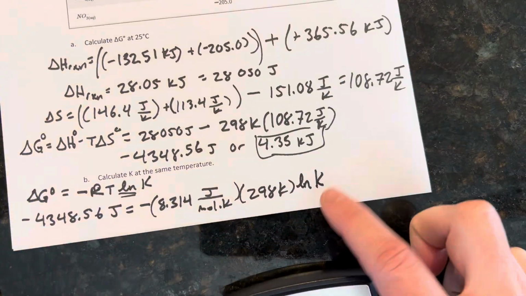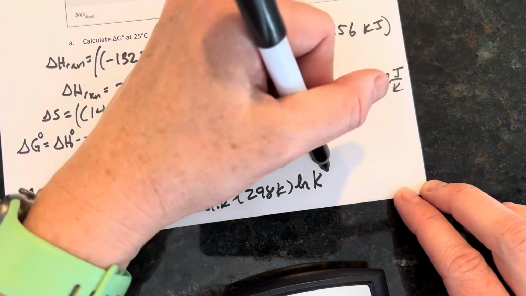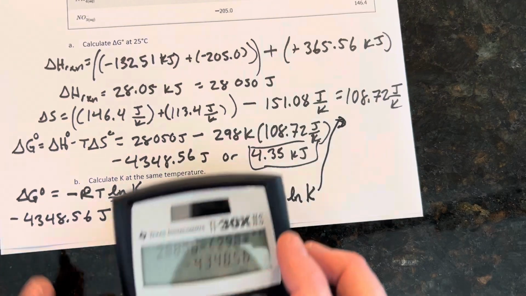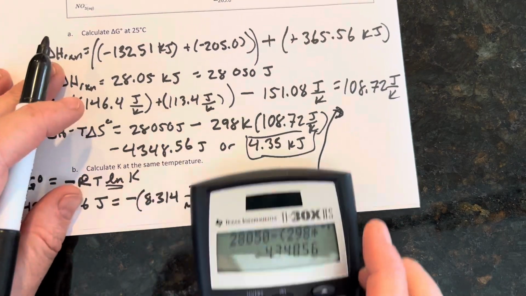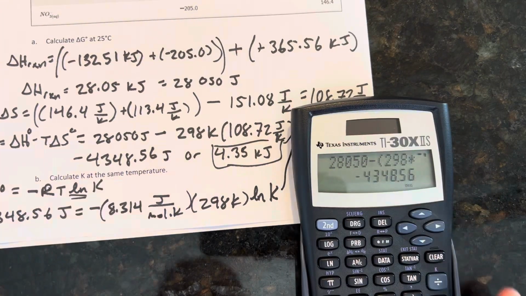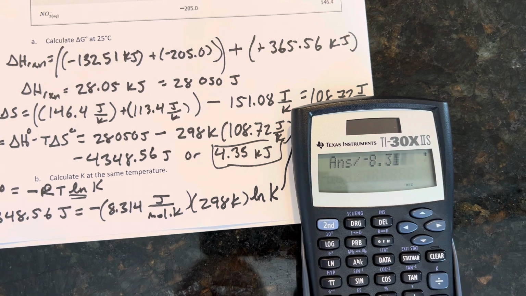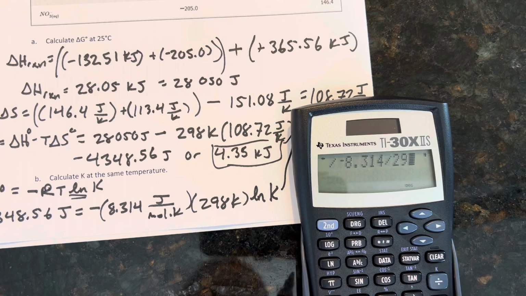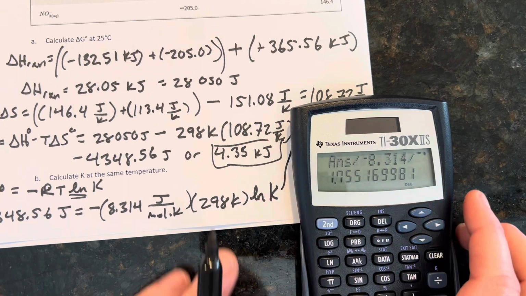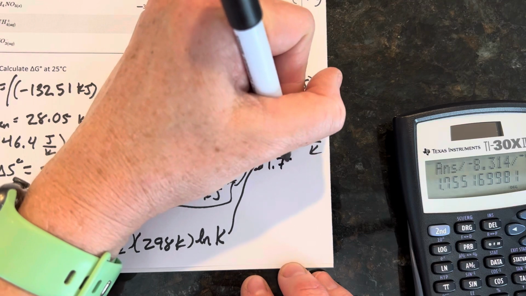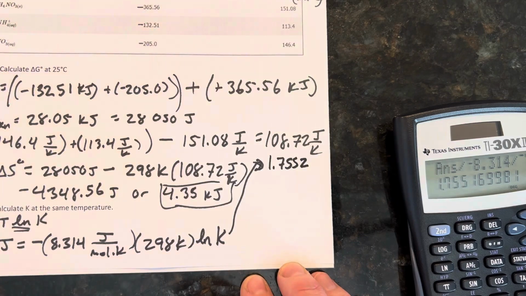Okay, so I'm going to get ln of K alone here. See if I can move it up here and save some room. So I have this number right here. I'm just going to divide by negative 8.314, divide by 298, and get an answer of 1.7552.